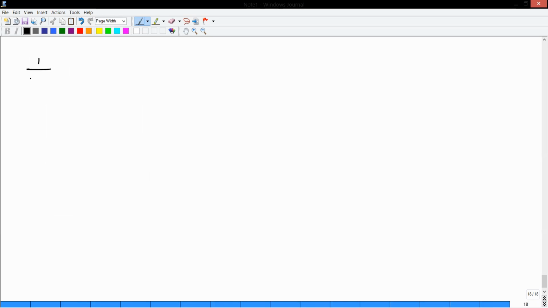What kind of sums they may give you? 1 by 1 into 2, 1 by 2 into 3, I'm only taking up to 1 by 9 into 10. So how do you split it? 1 by 2 minus 1 by 3.